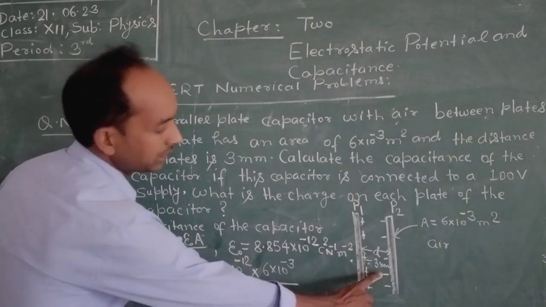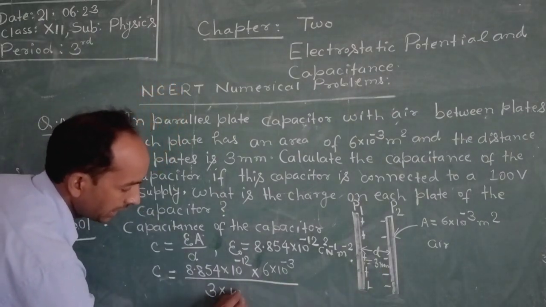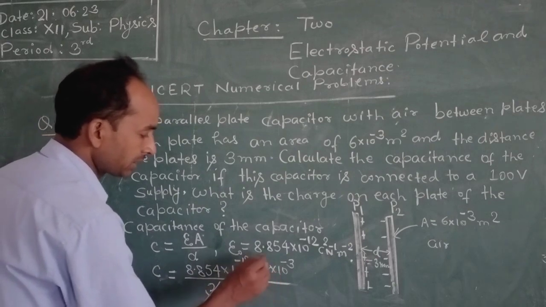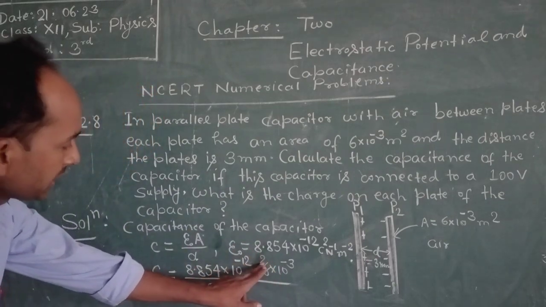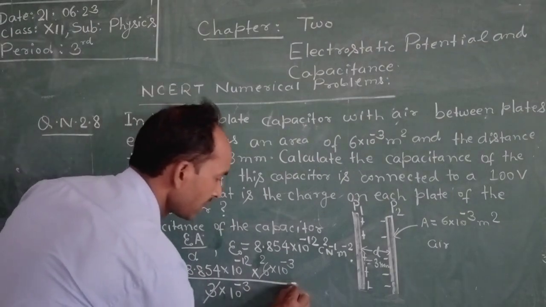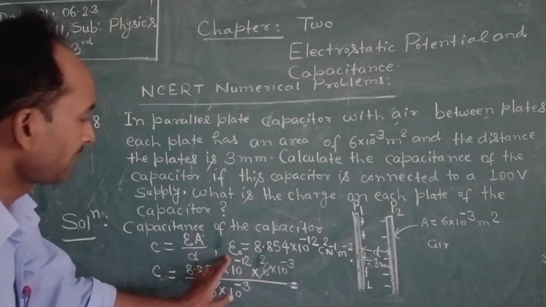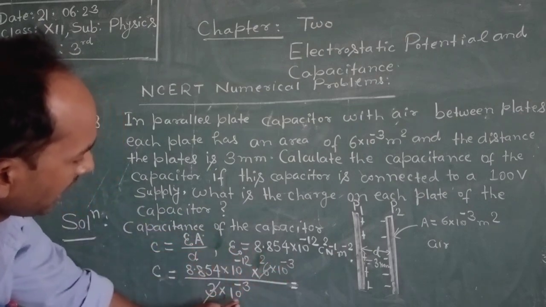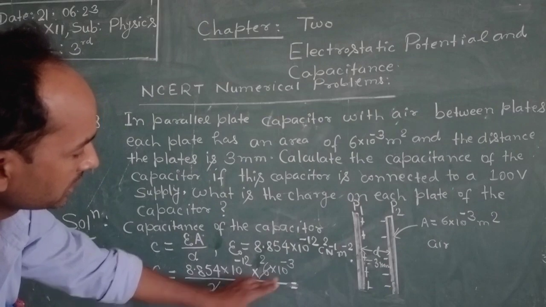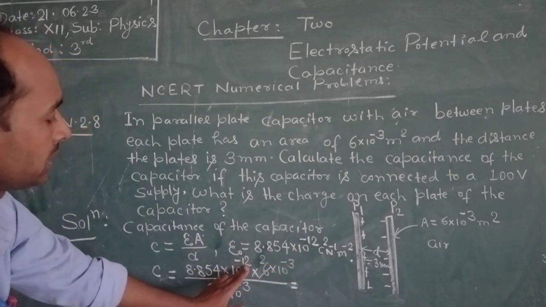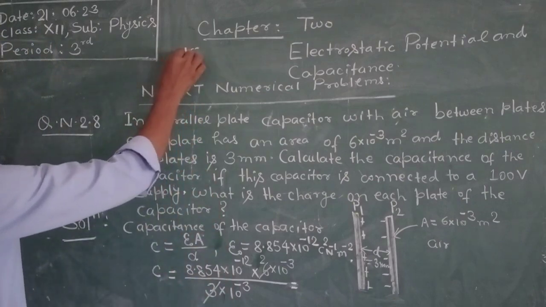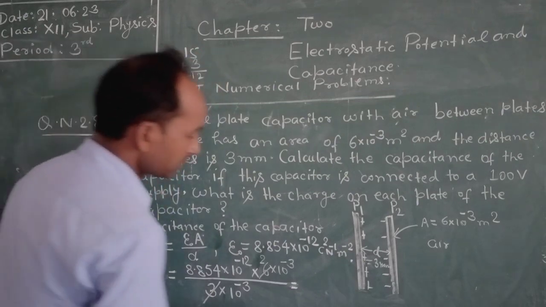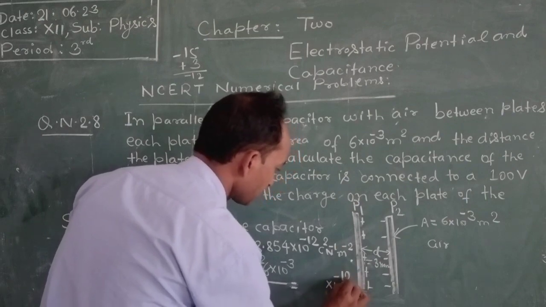When converted into meters, it is 10 to the power minus 3, and 6 divided by 3 gives 2. First we solve the powers: 10 to the power minus 15, and the minus 3 in the denominator goes into the numerator and becomes positive, so minus 15 plus 3 becomes minus 12. So we write 10 to the power minus 12.